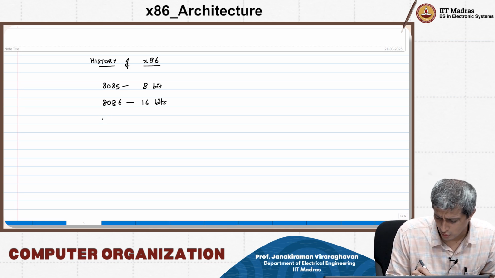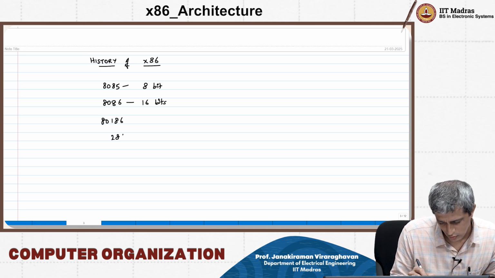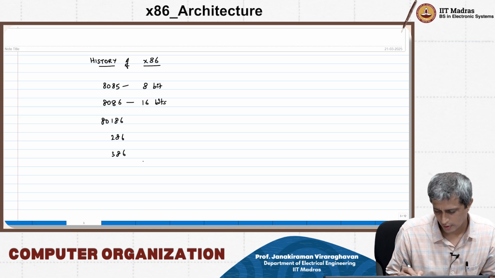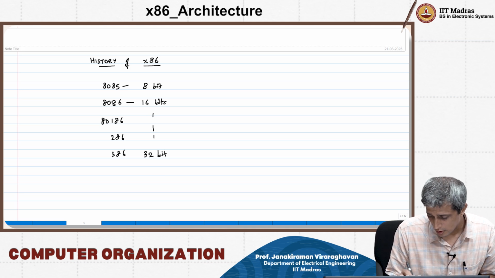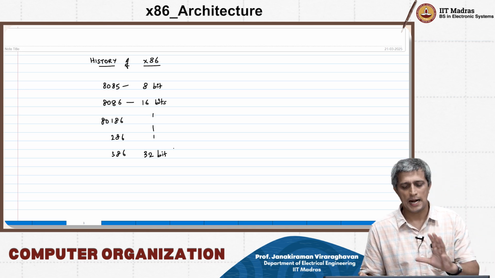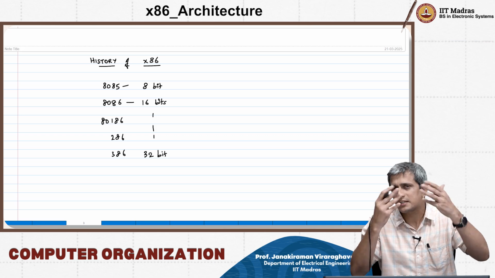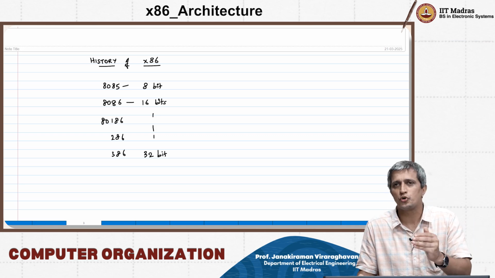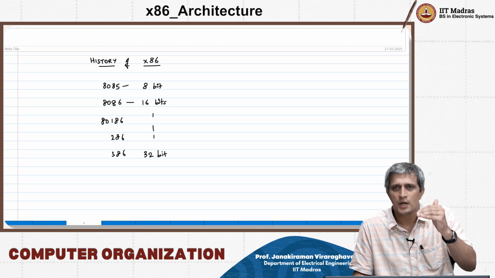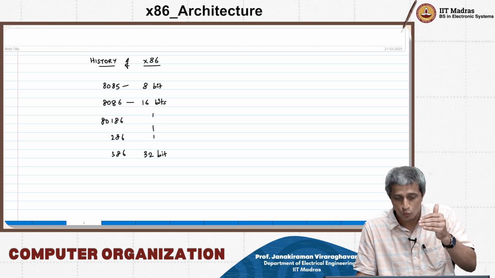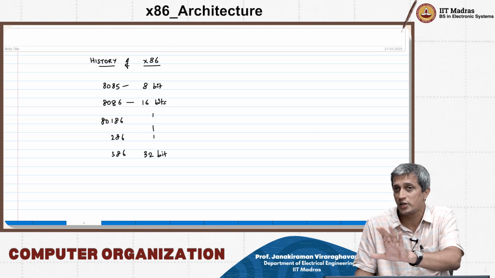Then they started the 80186, 286, 386, right? So over due course of time, it became a 32-bit microprocessor. Okay, and in order to provide some backward compatibility, they made sure that some of these assembly instructions that were executable on the 386, 486 and all that could still go back all the way to 8086 as long as that instruction was still a 16-bit instruction.